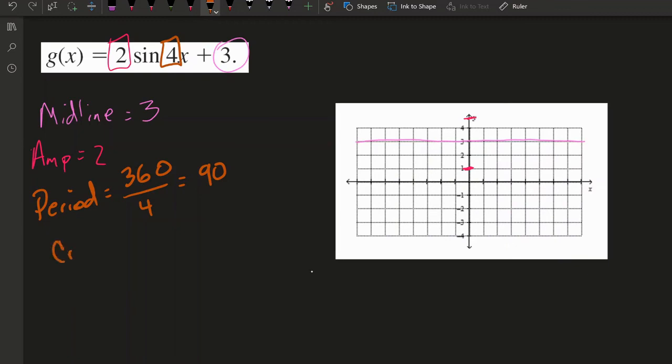That means my critical points would happen every 90 divided by 4, which is 22.5 degrees.